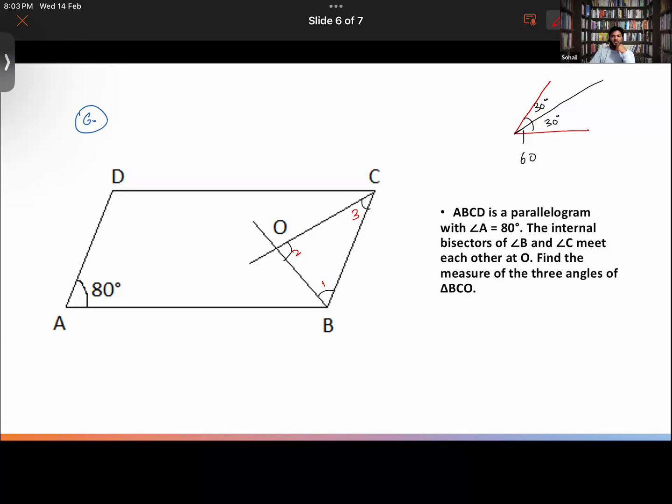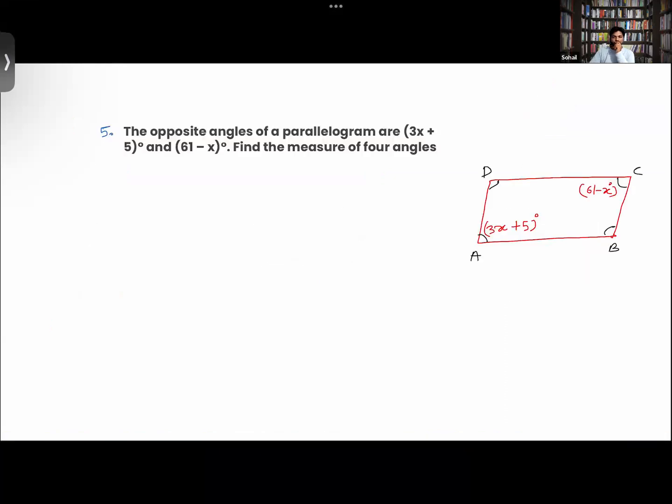Have you guys solved the first 5 questions or not? By the way, none of the questions I have taken from NCERT.